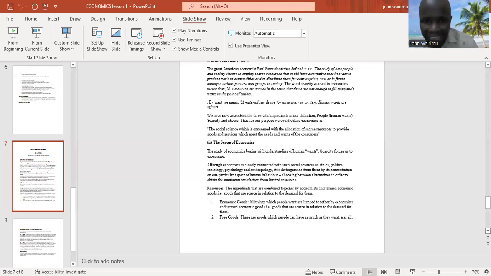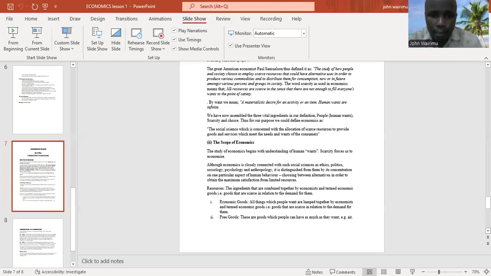We have goods that are scarce in relation to demand for them. Economic good basically means goods that bring value. These are goods that are scarce and they have economic gain.